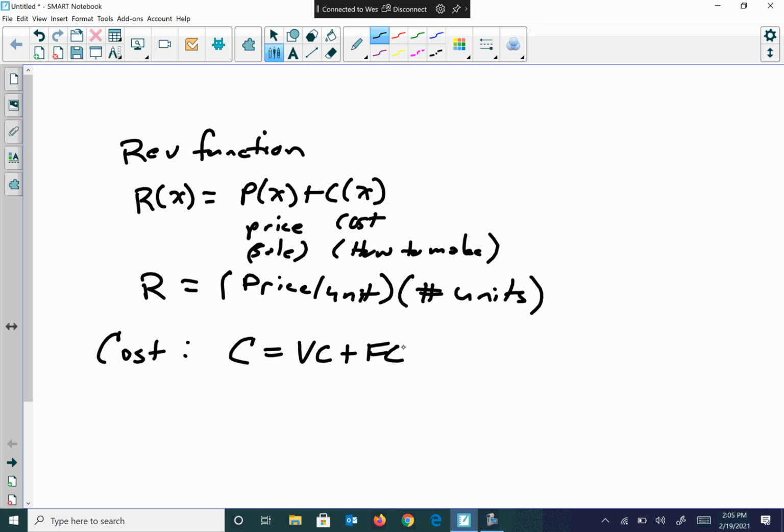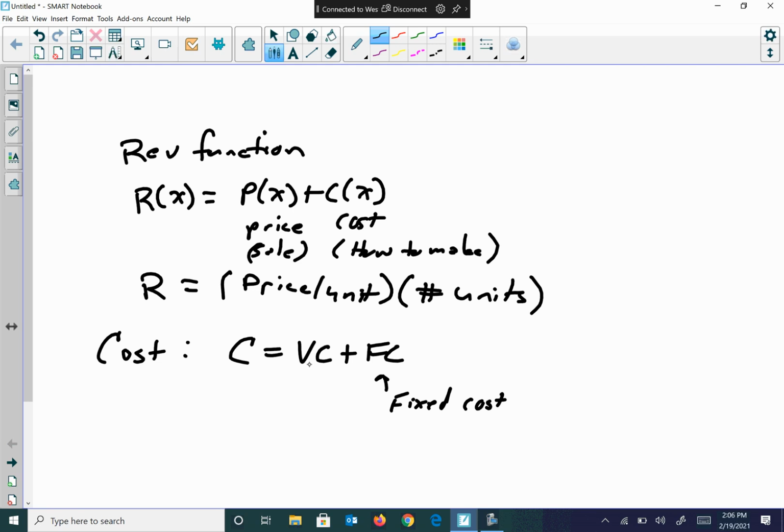VC, FC. Oh, so this would be some sort of fixed cost. Those are things that if you had a company, you have to pay every month: your electric bill, your employee wages, your water bill, your rent on your building or mortgage on your building, whatever.